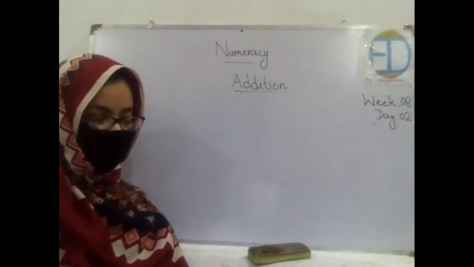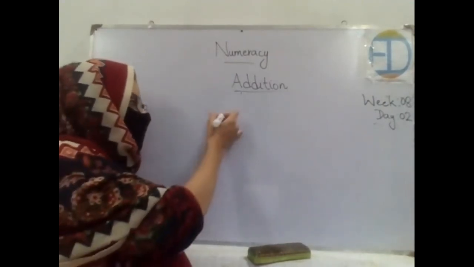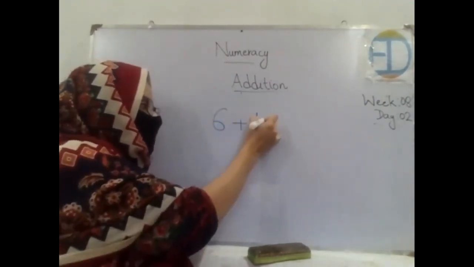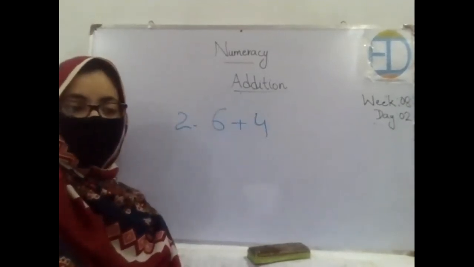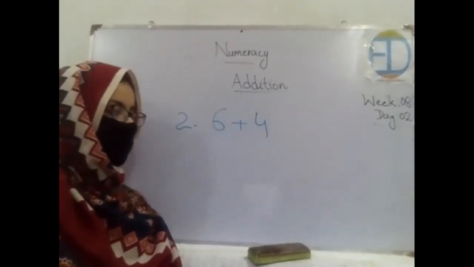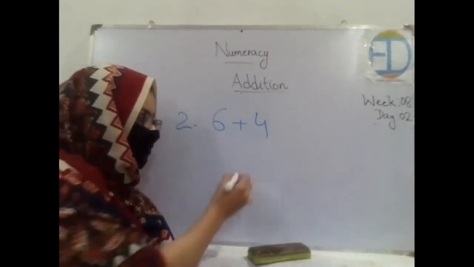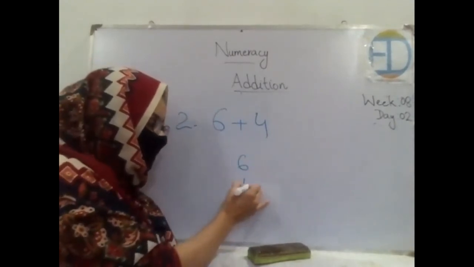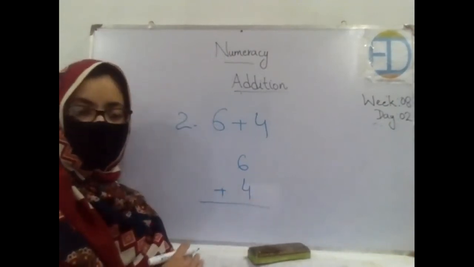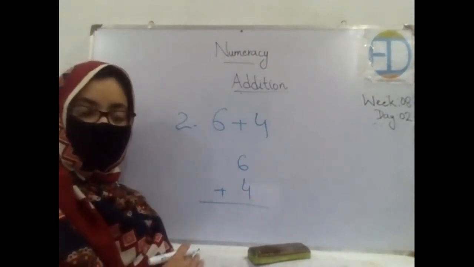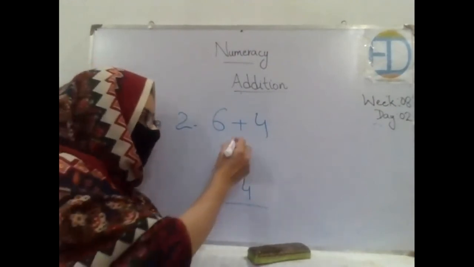Look, the first one is already solved for you. Let's do the second one. The numbers are 6 plus 4. So who is going to tell me the first step? Excellent, Sarah. We have written them in vertical order. Then who is going to tell me the next step? Yes, Alize. Placing values.